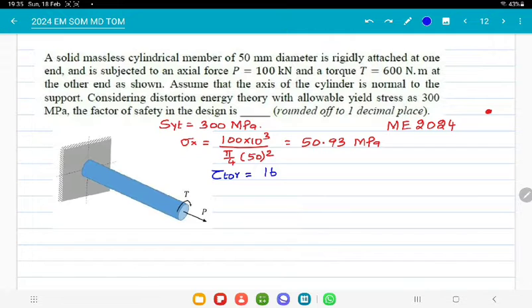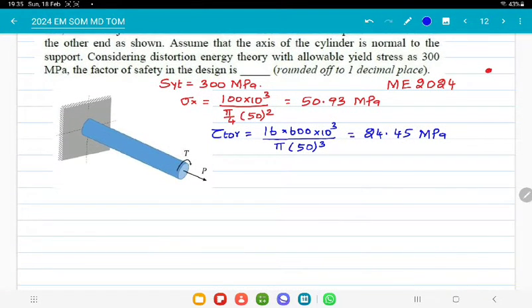Torque is how much? 600 Newton meters, sir. 600 into 10 power 3 Newton mm by pi into 50 cube, equal to 24.45 megapascal. Right. Only two stresses are there.